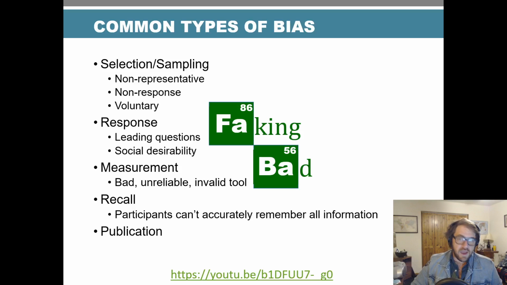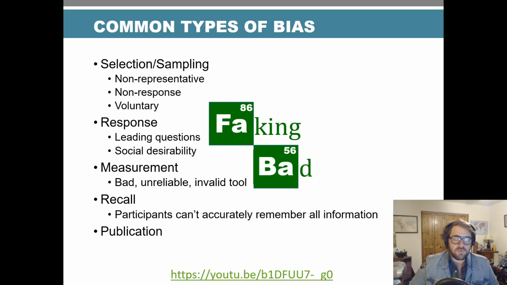Non-response could be that you have chosen randomly, correctly, a random group of people, but within that group of people that you've surveyed, there's a systematic way in which some of those participants don't answer questions. And so you only have answers from a certain subset of those random people, and that introduces non-randomness again.